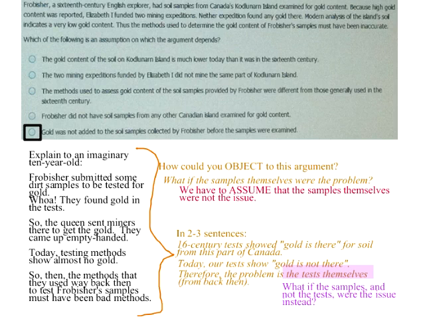We have to assume a much more general class of things, but that's one of them. We also have to assume, for instance, that the samples weren't accidentally contaminated with gold while sitting on the ship or something.